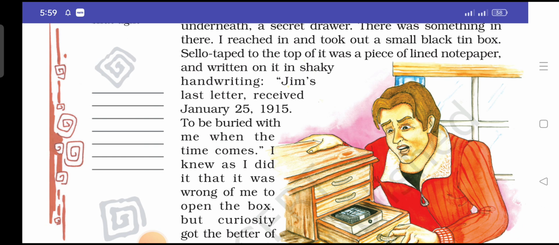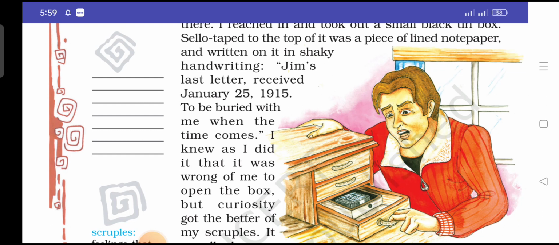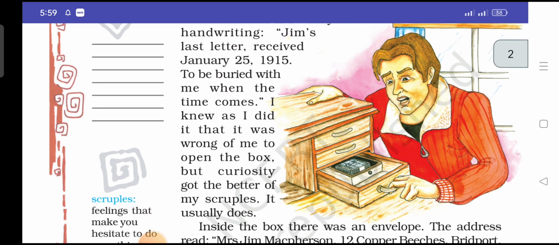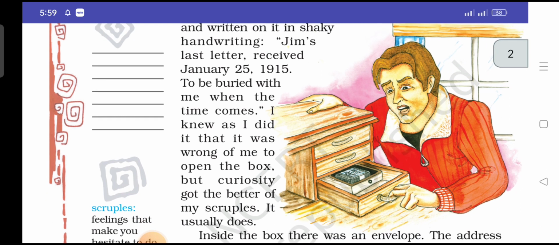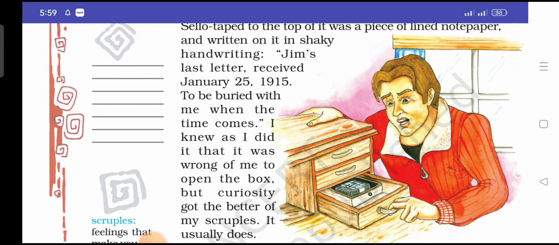Means when I die. In Christians, you must have seen when people die, they are buried in the soil. But in Indians, if I talk about the Hinduism religion, we burn the people, right? But here they are buried. So the writer Jim says that when the time comes, when I die and am buried, please bury this letter also.